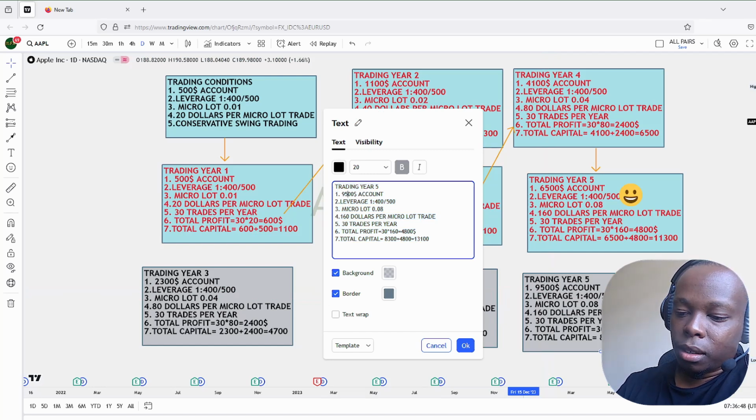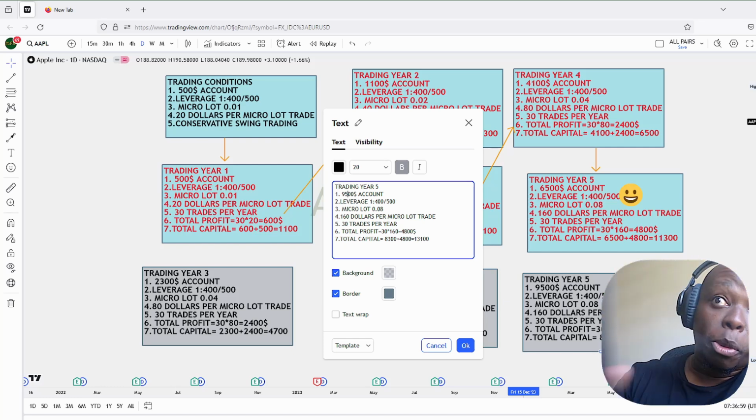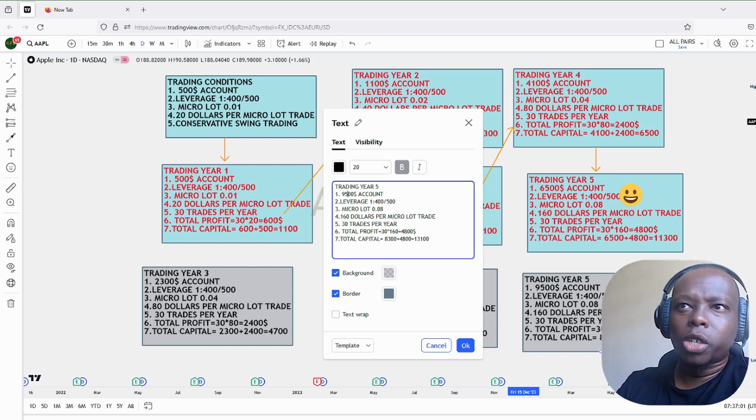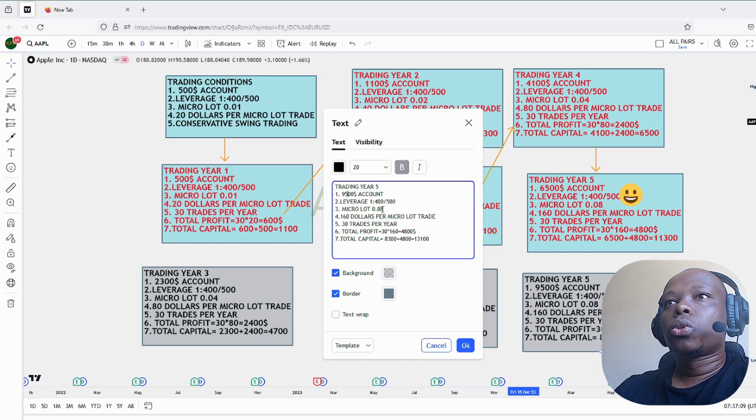So again, 9,500 divided by 500 times 0.01. We are allowed to do a lot size of 0.19, but I'll not go that far. I'll just do maybe 0.1, maybe 0.12. So let's work with 0.1. Let's see where we would be at.